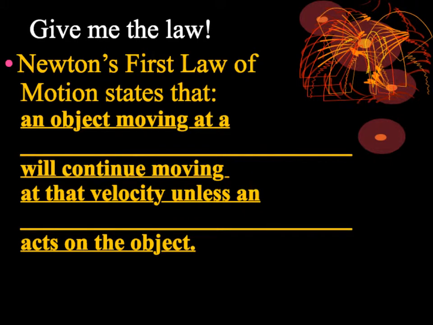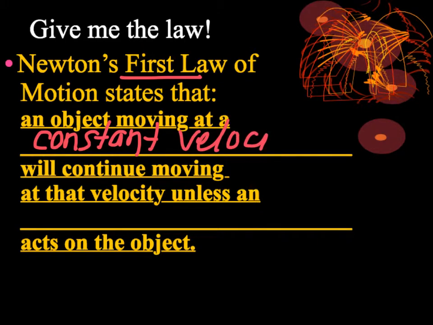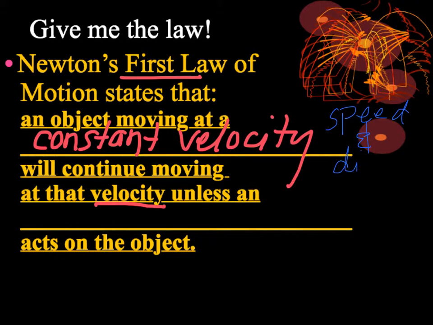So what does this law state? Newton's first law states that an object moving at a constant velocity will continue moving at that same constant velocity. And it's important to note that when we're talking about velocity here, we're discussing both speed and direction, kind of like acceleration.